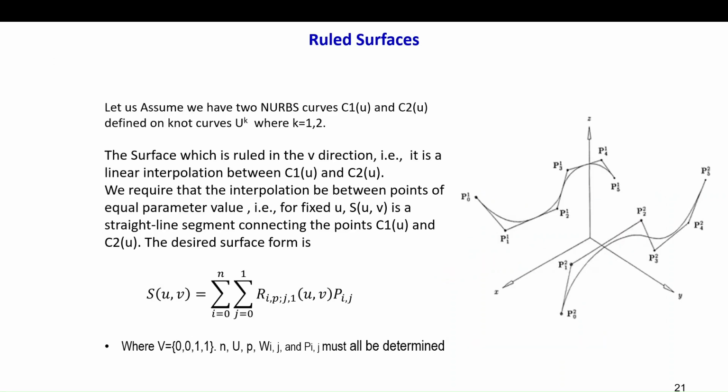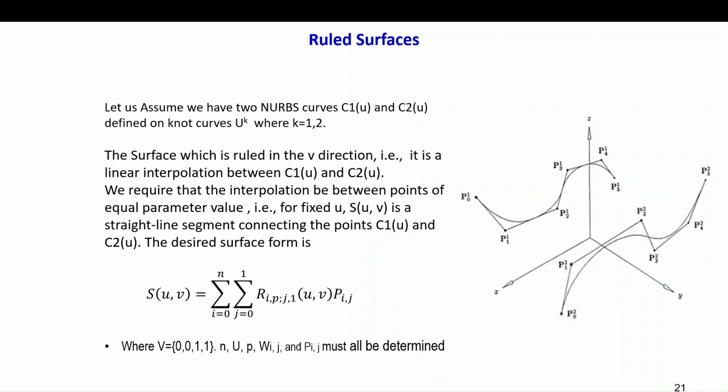And coming to the formation of a ruled surface, if you assume two knot curves C1 of u and C2 of u, represented in this figure, a ruled surface can be obtained by interpolation between C1 of u and C2 of u.